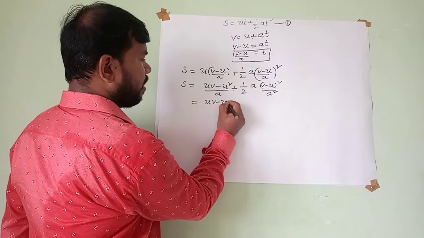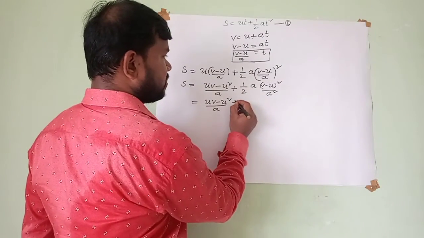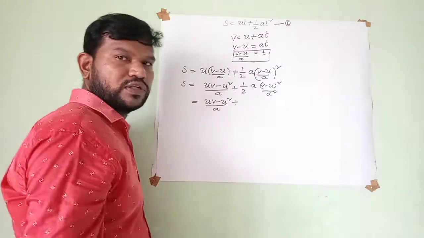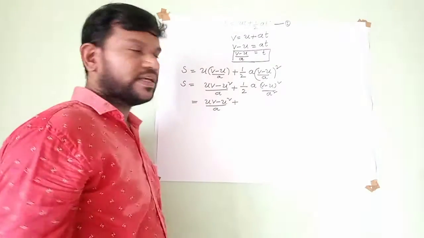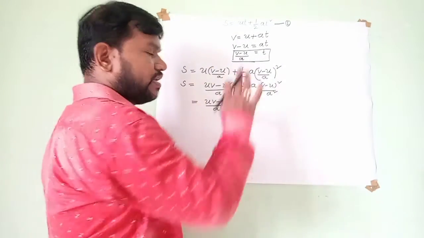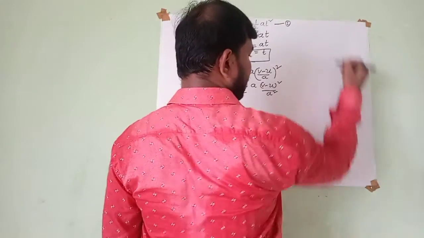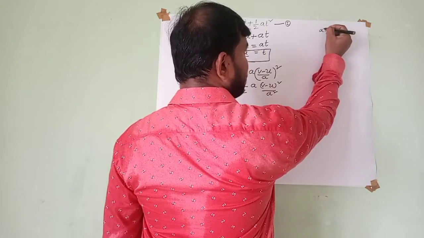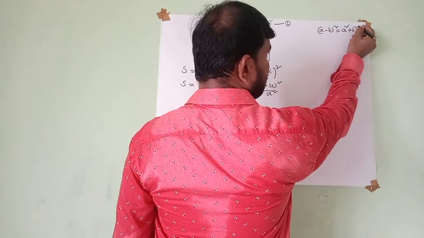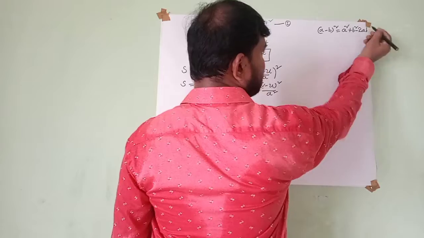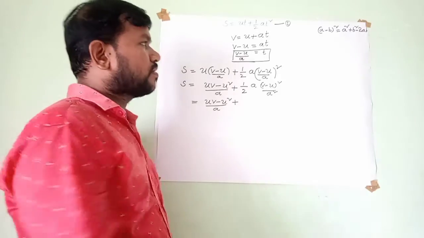Now, uv minus u square by a, plus half a into v minus u whole square by a square. This is like a minus b whole square: in a place v is there, in b place u is there. Just I am writing the a minus b whole square formula. What is the formula for a minus b whole square? It is a square plus b square minus 2ab.